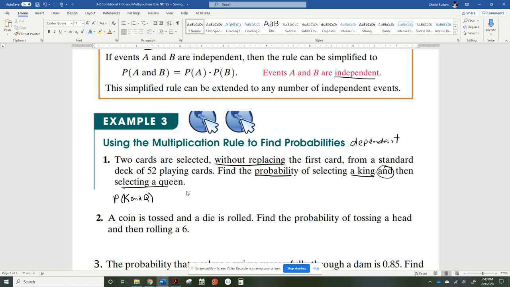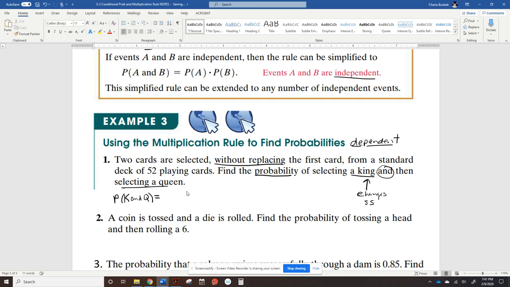So since these things are dependent, and we know that they're dependent because once we draw that first card out and we do not replace it, this changes the sample space. All right, so since it changes the sample space, it is affecting the probability of this one happening.